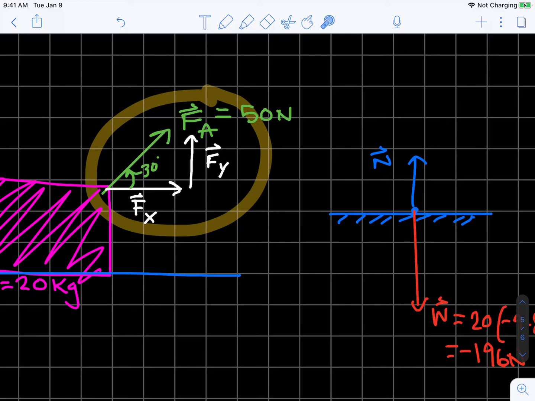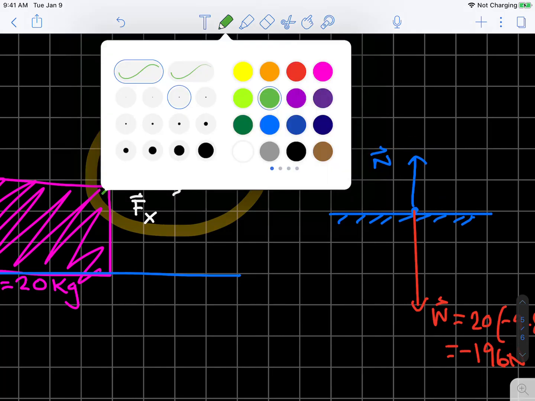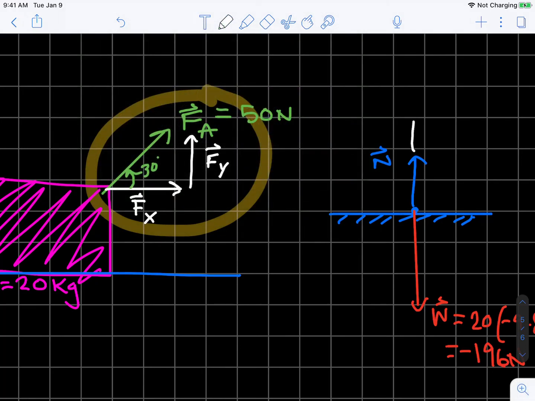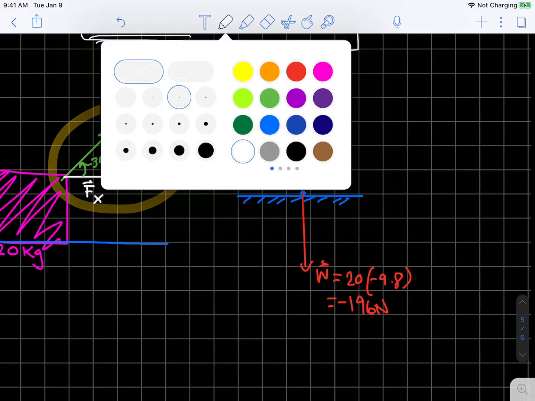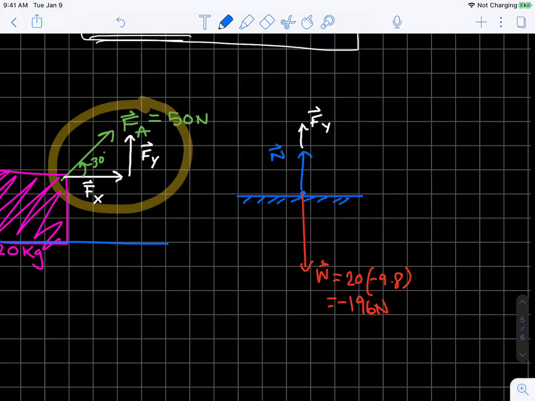Okay, so the box is being held up by the normal force and by this Fy component. So now we get this new equation, and we'll come back to our triangle in just a second. Excuse me.